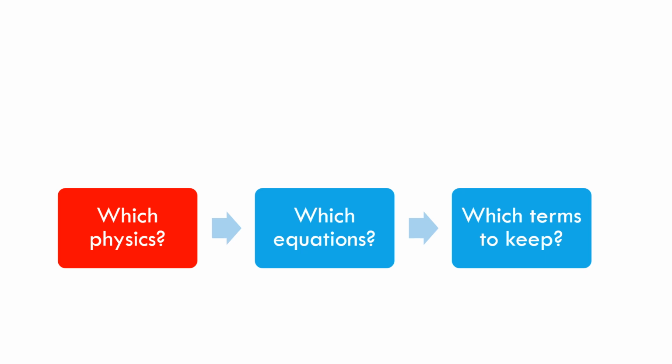What physics is involved, and in that physics, what are the general governing equations, and then for each equation, what are some of the relevant terms, what are some of the details that we need to keep. So we can divide it into 3 parts.